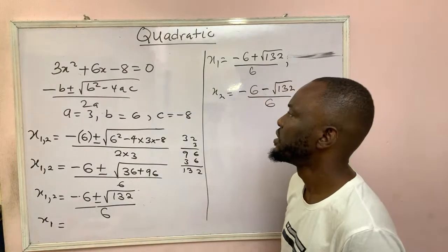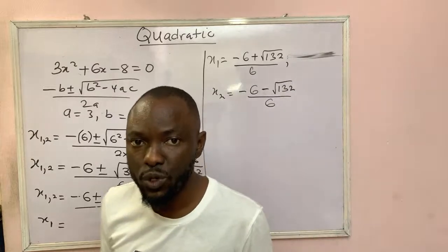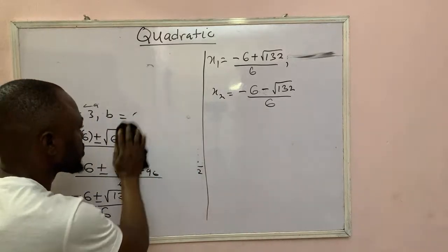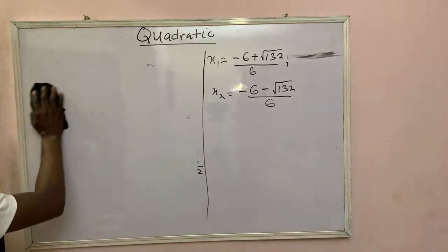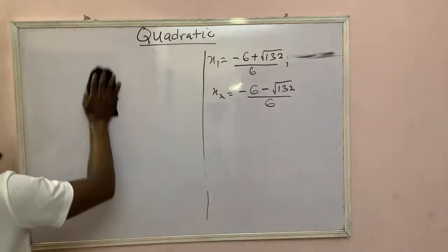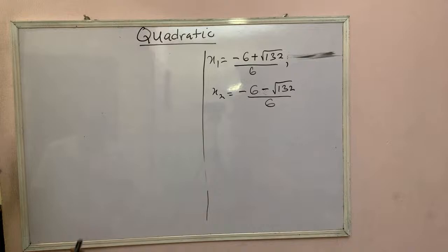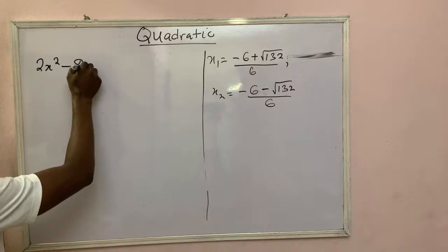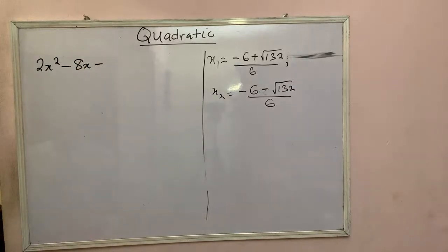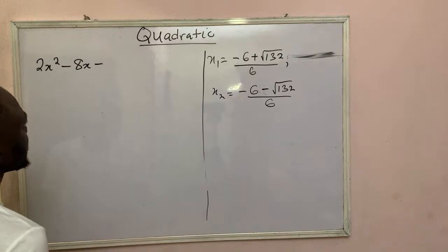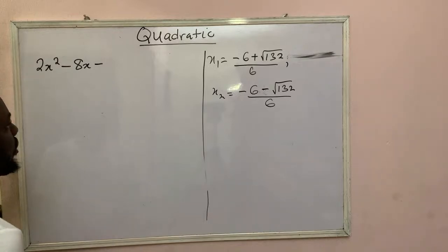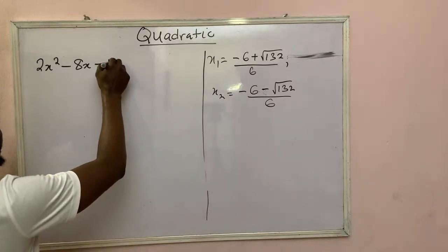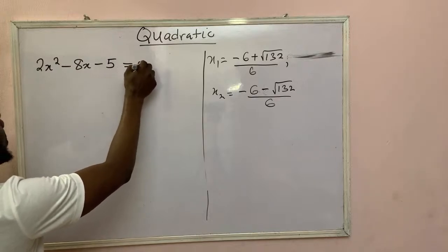Now that is all about the quadratic formula method, all right? Now we want to solve by completing the square. Let's presume we have 2x squared minus 8x minus 5 equals 0.